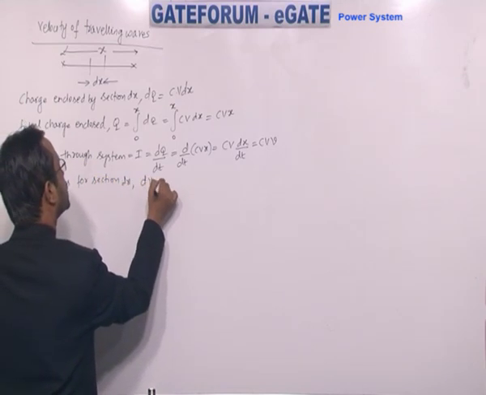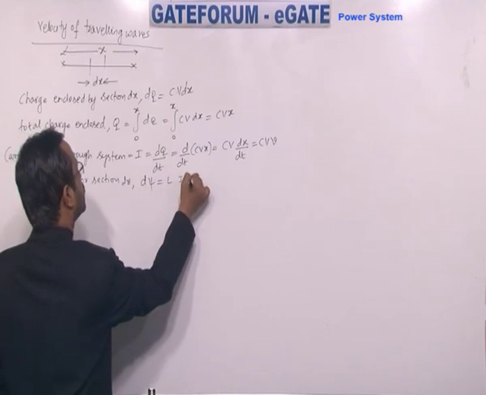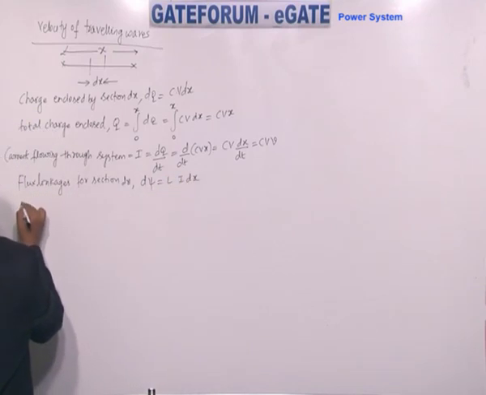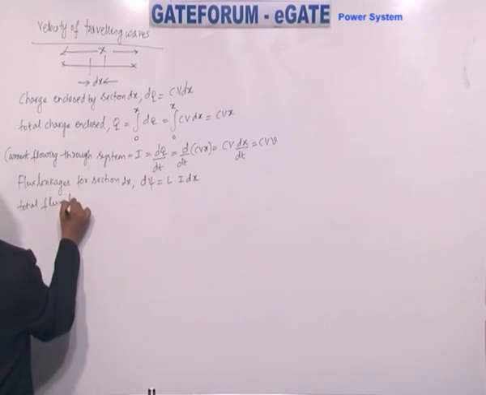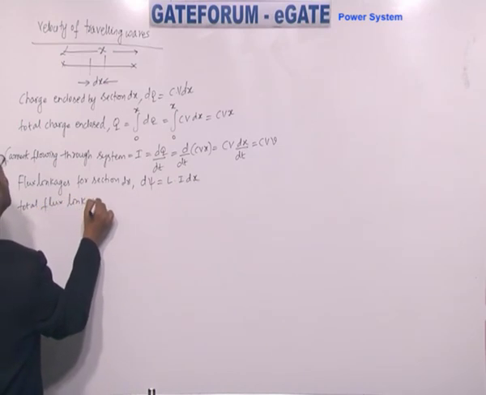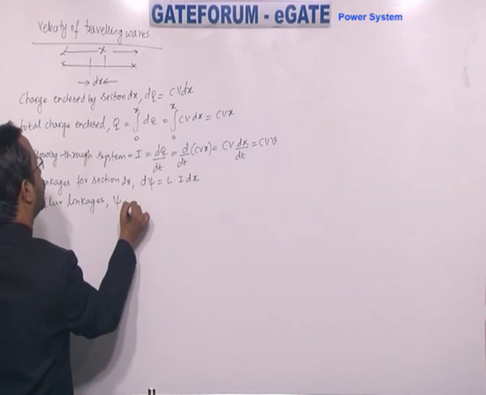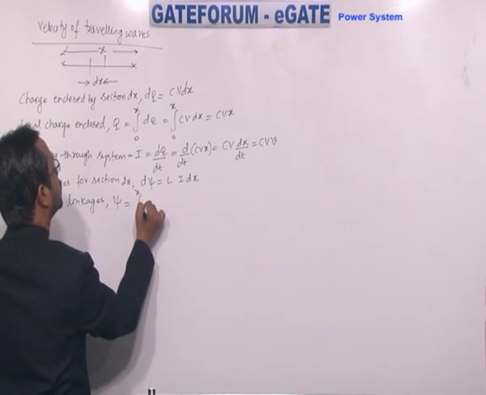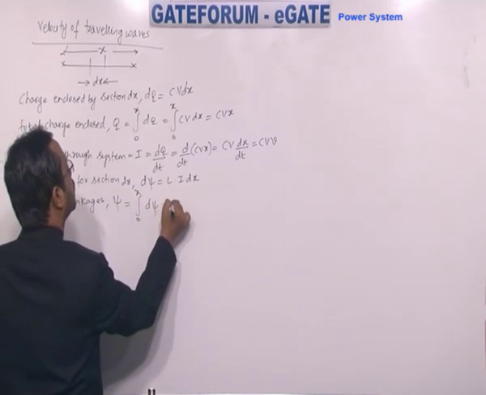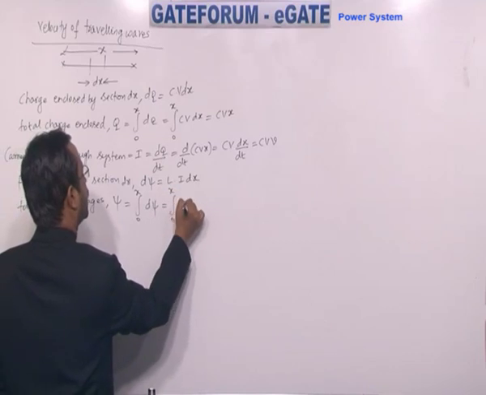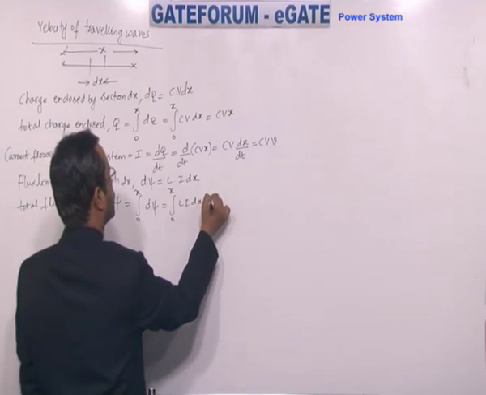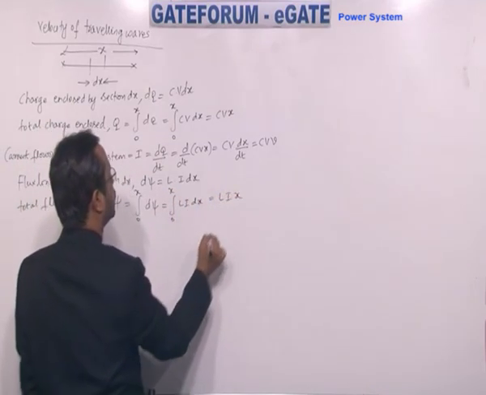How to write? d psi is L into I dx. Now you check the total flux linkages. Psi, you integrate this. On integrating, you get LI into x.